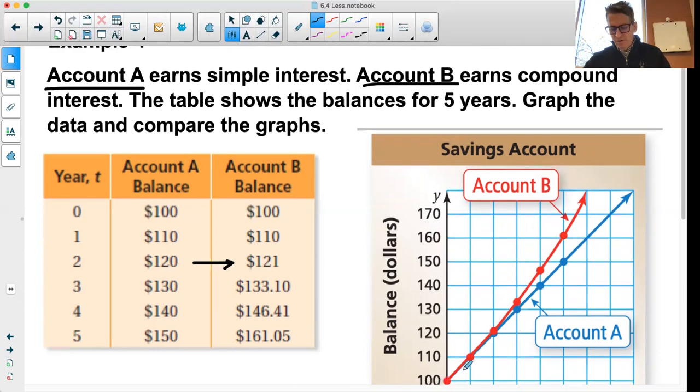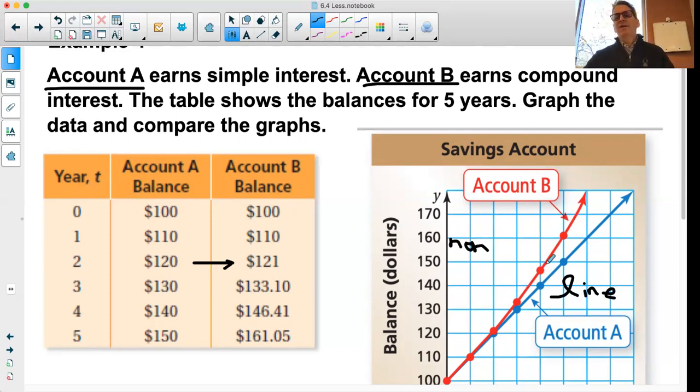So in this case, both graphs have initial balances that are the same, and they're positive increasing graphs. The balance of account A has a constant rate, so this is considered linear. It's constant. Account B is non-linear. As you can see, it doesn't rise constantly.